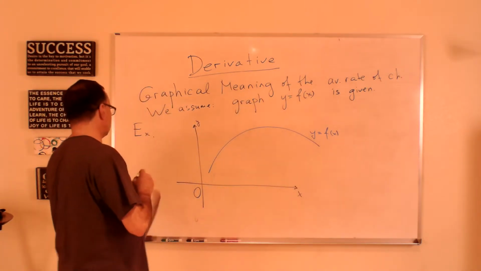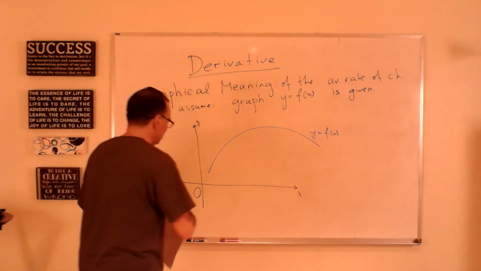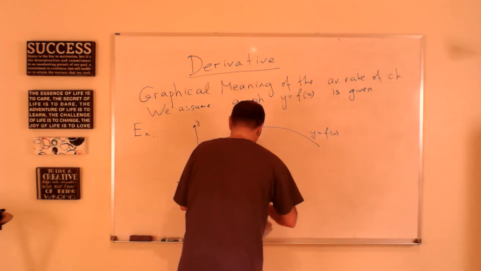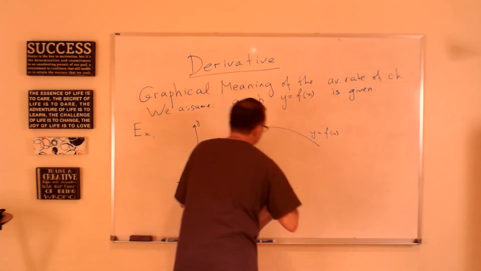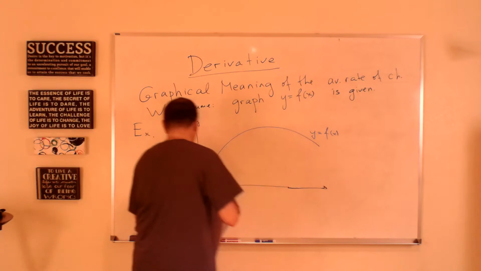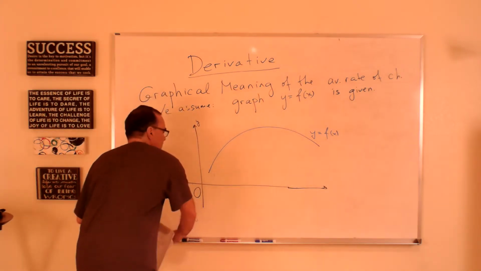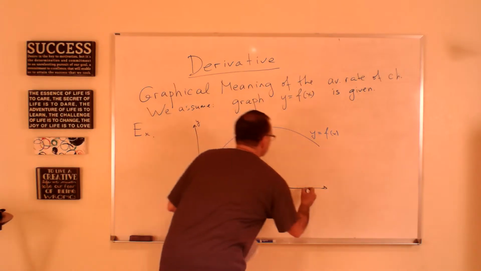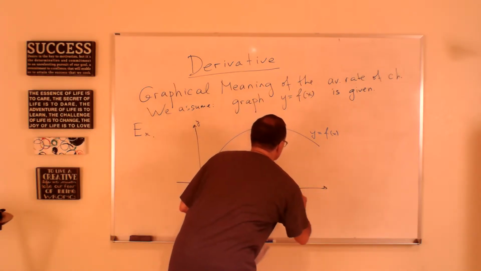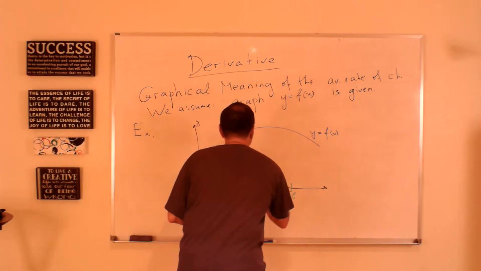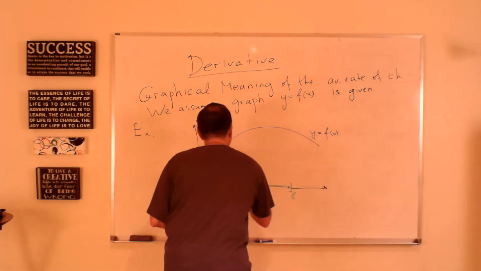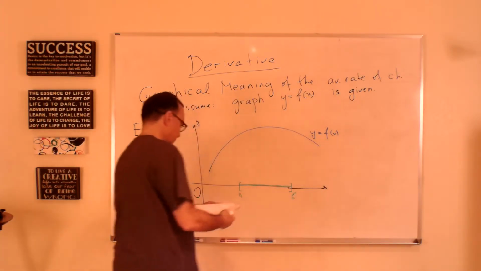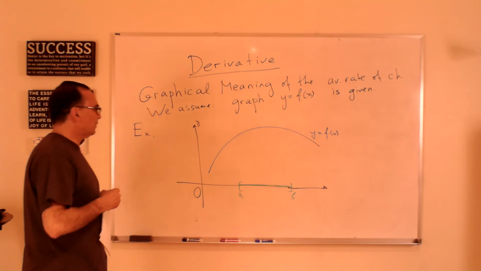And let's say that the interval is also given on which we want to calculate the average rate of change. So the interval stretches from a to b, so we're talking about interval a, b. Let's say this is my a, this is my b, and this is the entire interval, a to b. Now here's what I want to do.